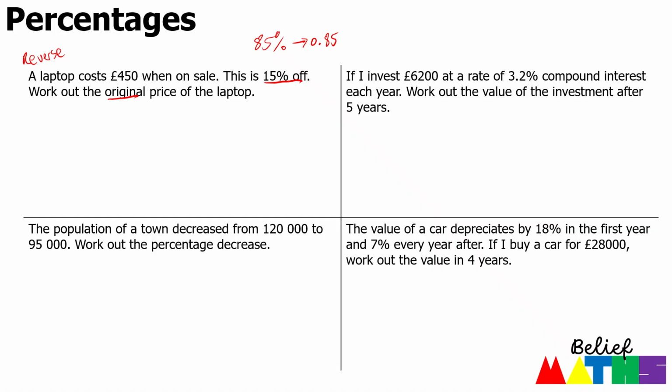The reason is because what we've done is we've done 0.85 times something, the price of the laptop, and that gave us £450. So therefore, to get the original price on its own, we do 450 divided by 0.85.